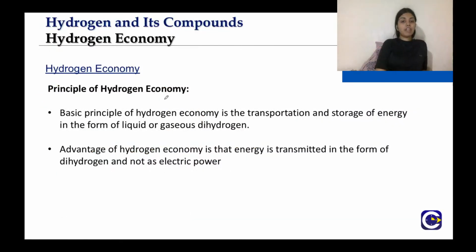Now, principle of hydrogen economy. The basic principle is how do we transport and store energy in the form of liquid or gaseous dihydrogen. That is the basic principle of hydrogen economy. The advantage of hydrogen economy is that we want to use the energy that is transmitted in the form of dihydrogen and not as electric power.